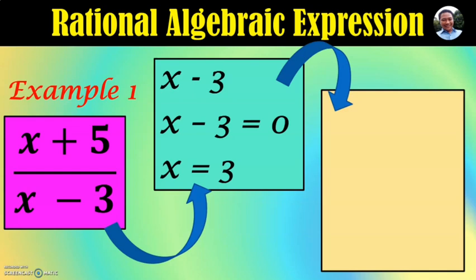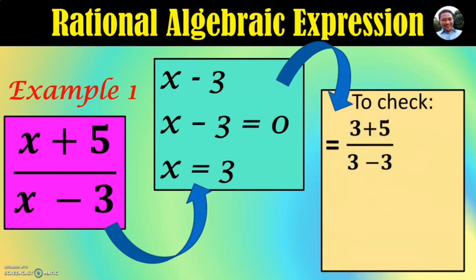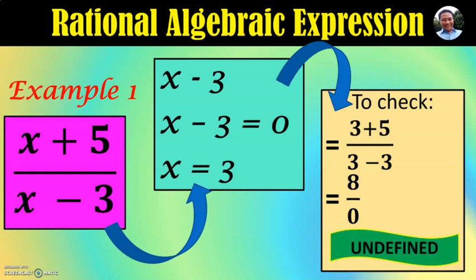Let us check if our answer is correct. Substitute the value of x: 3 plus 5 over 3 minus 3, then 8 over 0. What happened to the rational algebraic expression? It becomes undefined. Therefore, the replacement value of the variable is equal to 3.